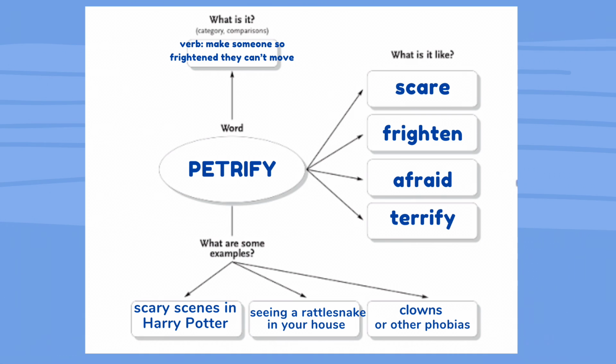In this case, I put a book and having a rattlesnake in my house, or for some people, they may be petrified when they see a clown. So it's also an opportunity for students to have fun with words, which creates that word consciousness that we want so we can have vocabulary masters in our classrooms.